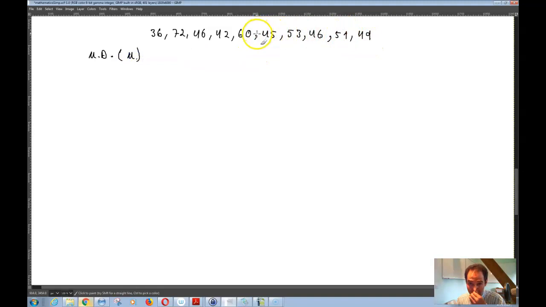So first I need to find the mean of this data. To find it, it's not really required to use any formulas.